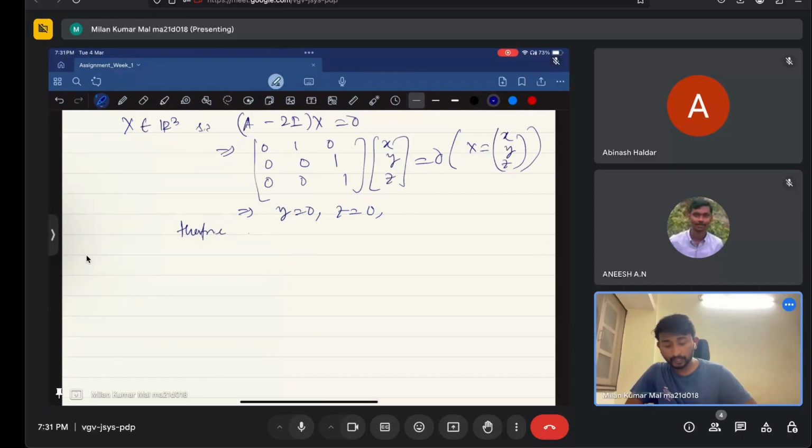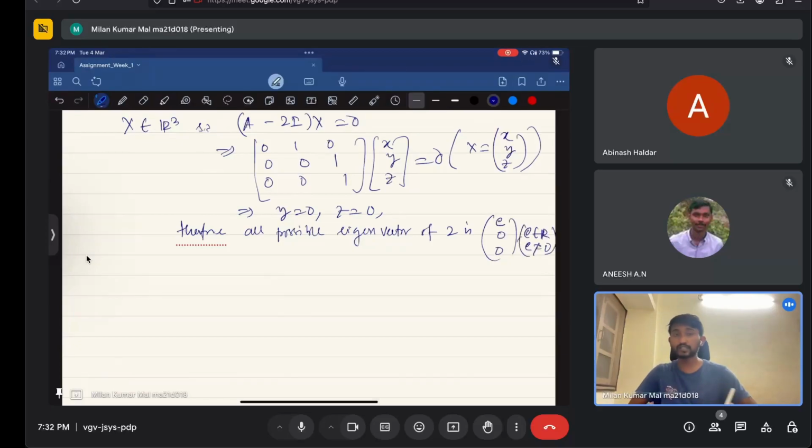Therefore all possible eigenvectors of the eigenvalue 2 are some constant c times (1, 0, 0), where c is a real number and c is not equal to 0.